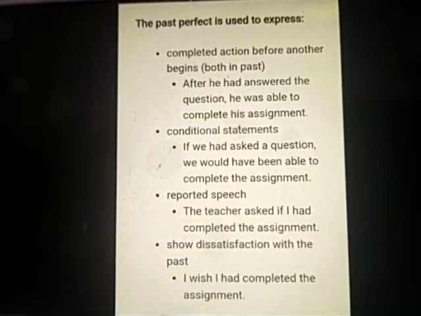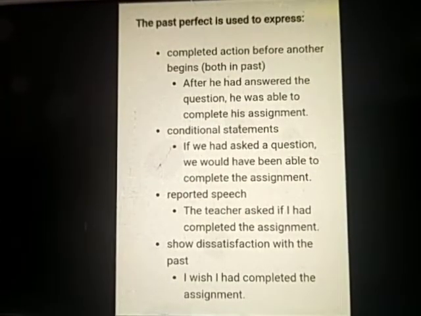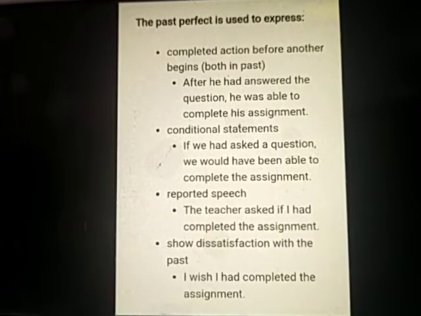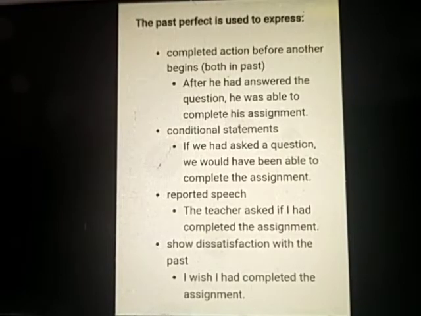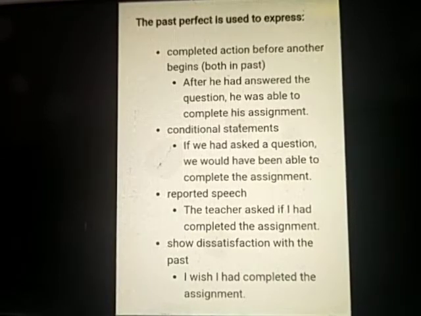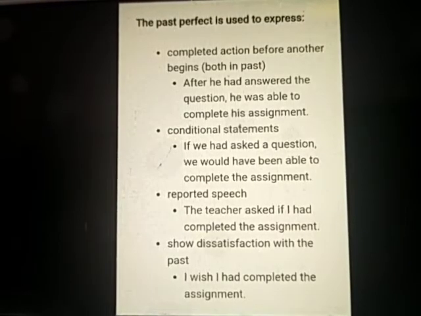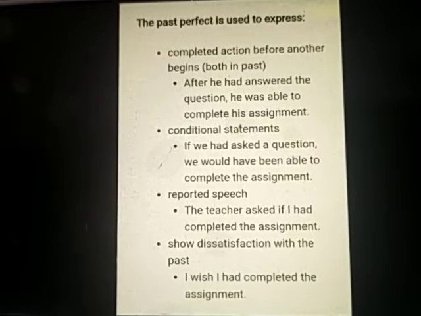The past perfect is used to express first completed action before another begins. For example, after he had answered the question, he was able to complete his assignment. Second, conditional statements.